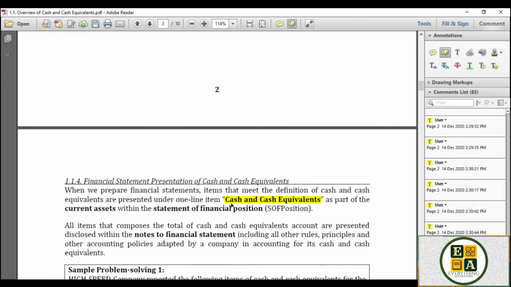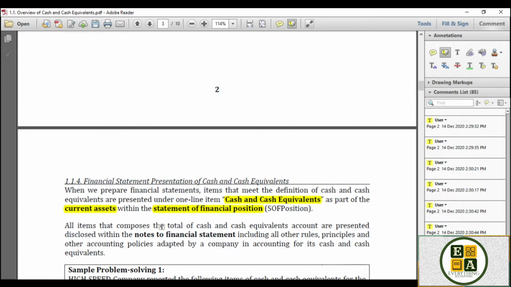Then, the line item of cash and cash equivalents is part of current assets. So when an item qualifies as cash or cash equivalent, it also goes in as part of current assets within the statement of financial position. What is placed in the balance sheet is the total of cash and cash equivalents.